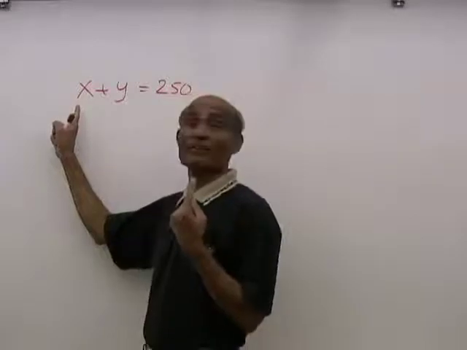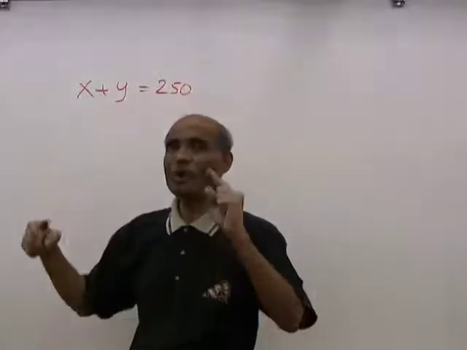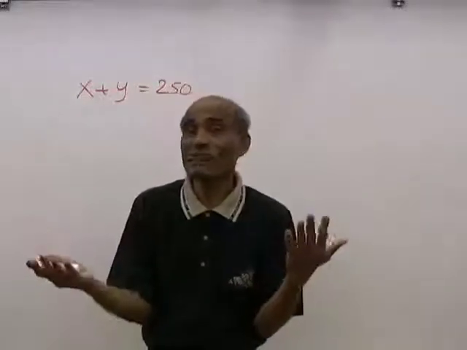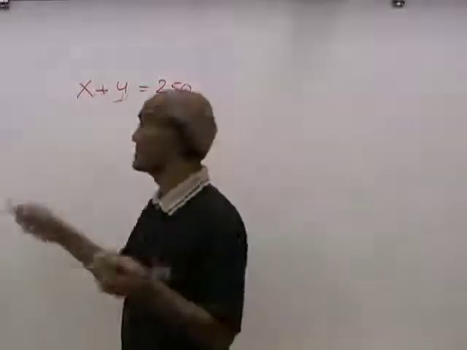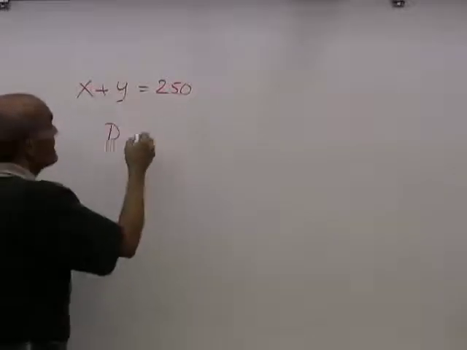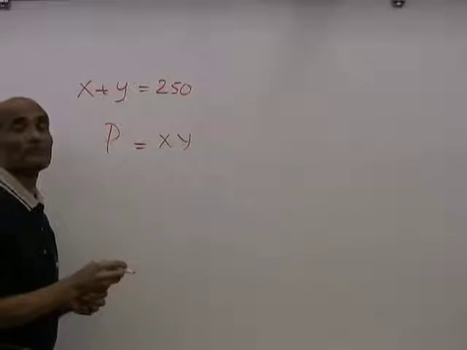Find the values of x and y such that their product is a maximum. That means set up a function for the product of the two numbers. So let the product be called P. P is equal to x times y.